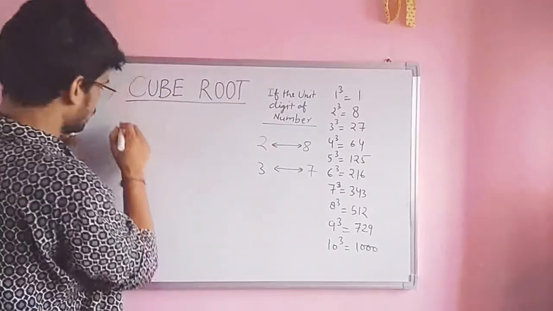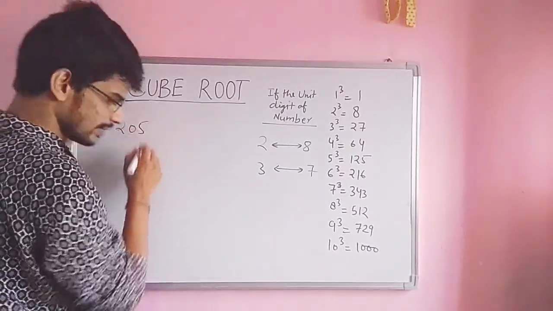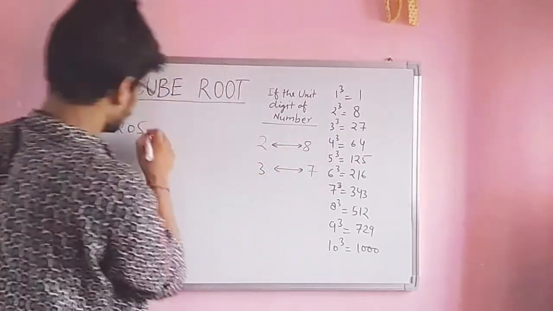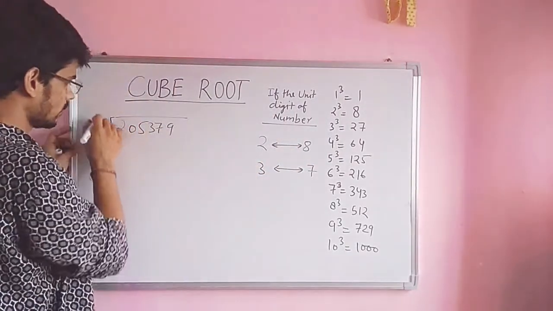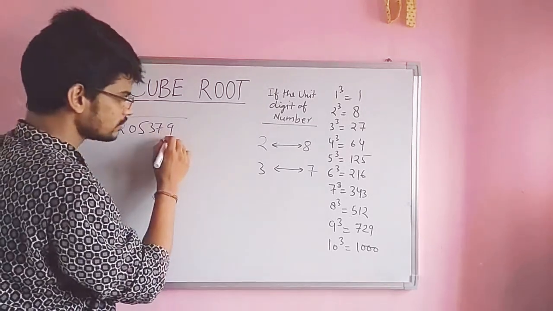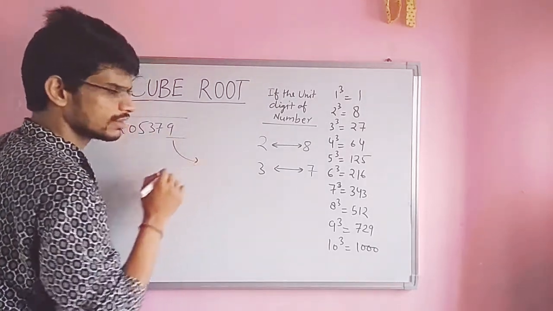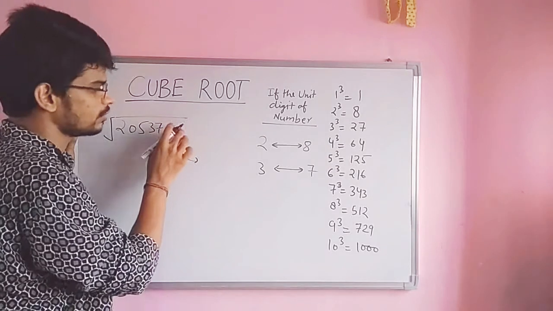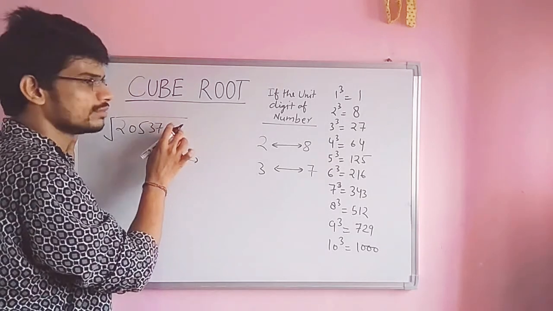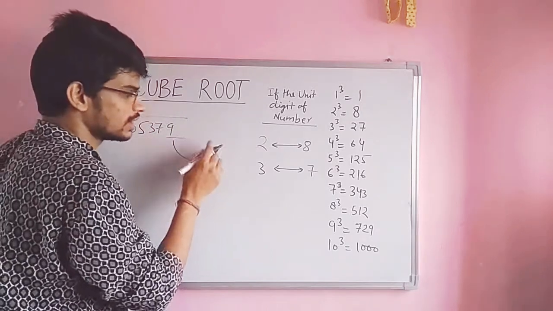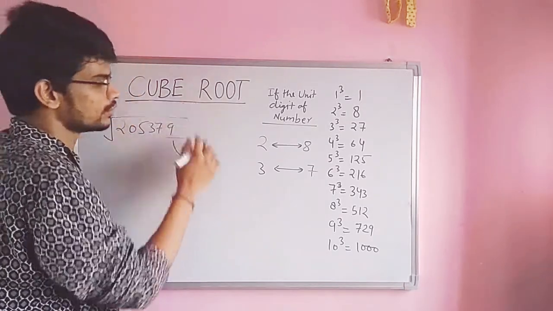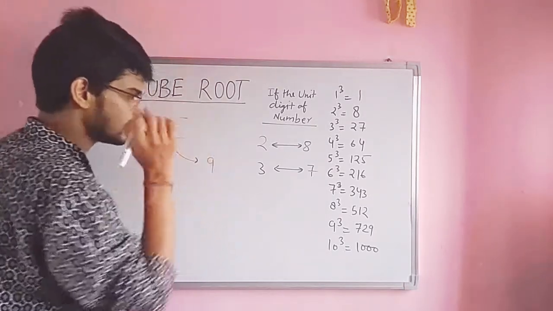Suppose we get 205379. It is the cube root of what? Now 9: if the cube's unit digit is 9, then the cube root's unit digit is also 9.